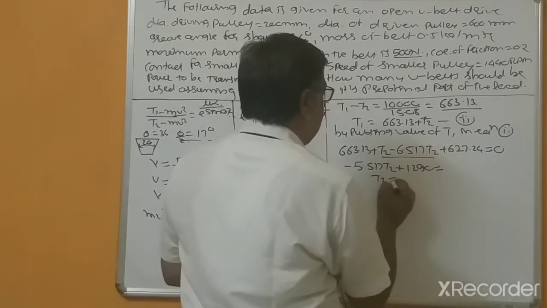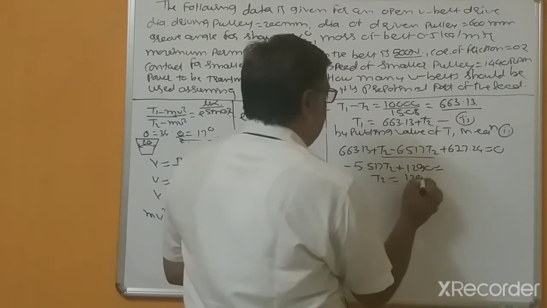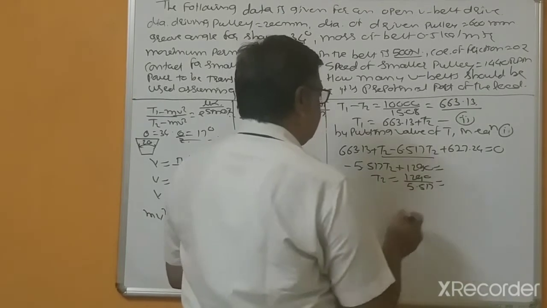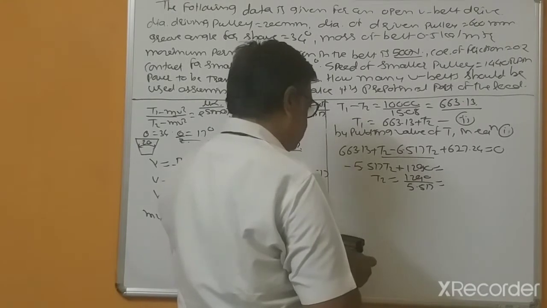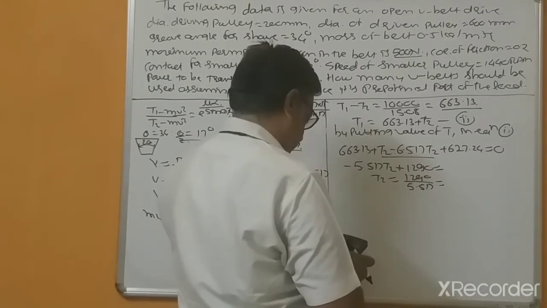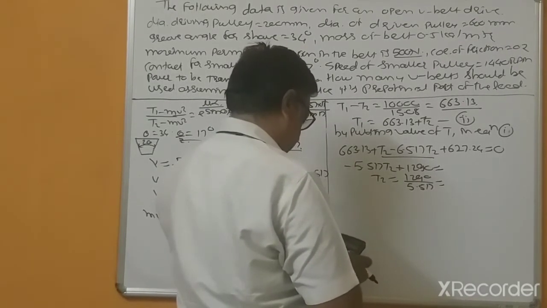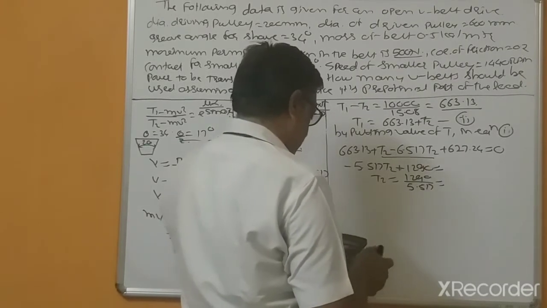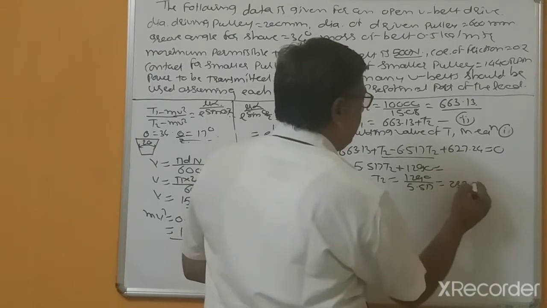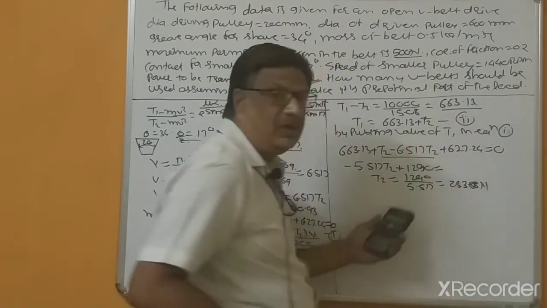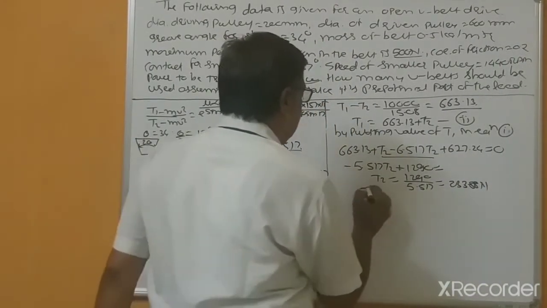So T2 equals 1290 divided by 5.517, which is equal to 233.88 Newton.